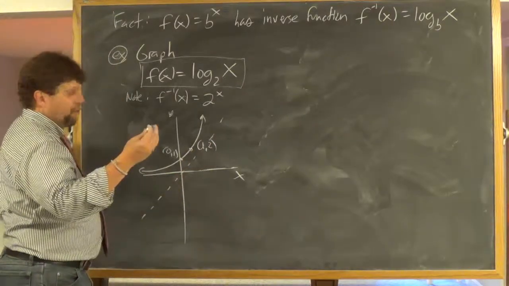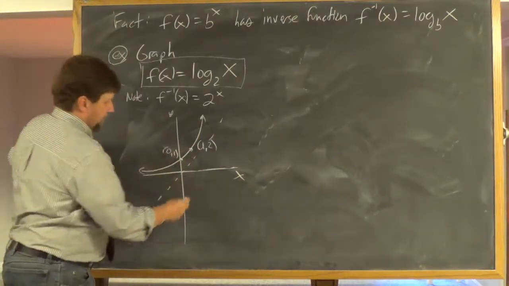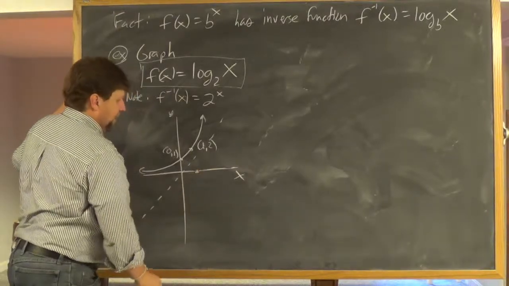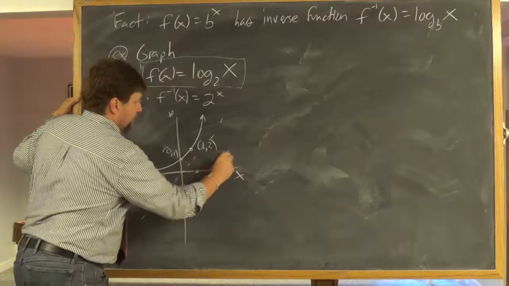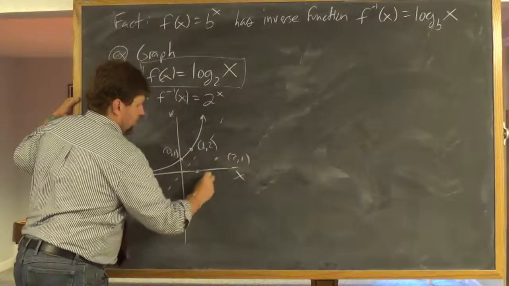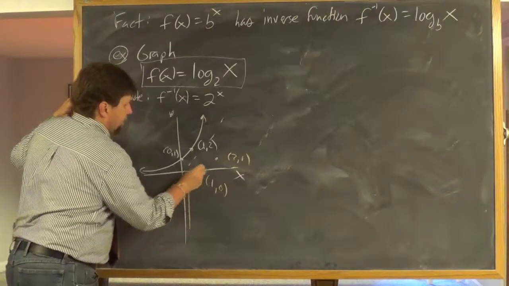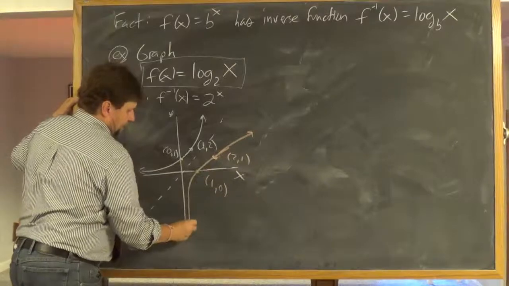I know 2 points that will be on the graph. I know the point (1,0) is on the graph, and then I know the point (2,1) is on the graph. So I get a graph that looks something like this.